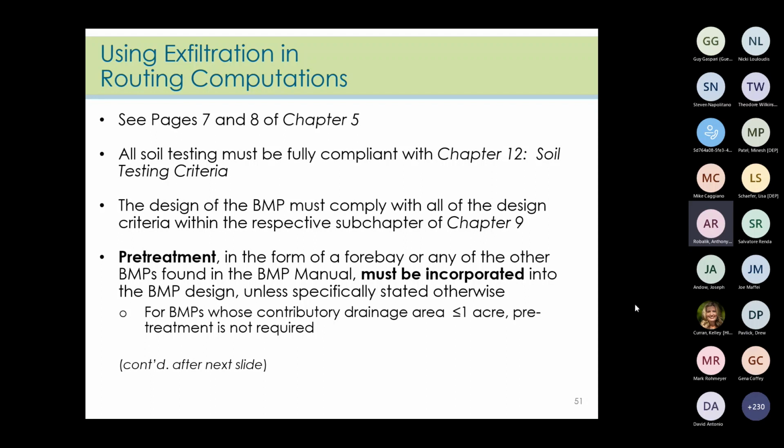Also, all design criteria as provided in the respective chapter of the BMP manual must be followed before the BMP can be approved, and pre-treatment must be included unless otherwise so stated in the BMP manual. An exception for that would be for those really small scale BMPs where the drainage areas are less than or equal to an acre.